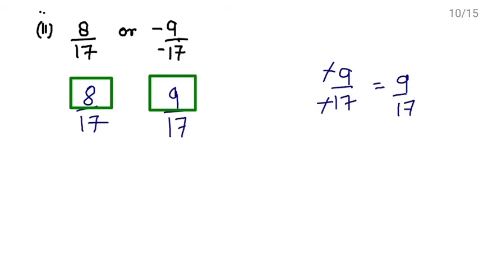Which one is smaller? 8 is smaller. So 8 upon 17 is smaller. Right? If denominators are same, no need to cross multiply, no need to take the LCM because denominator is already same. Just compare the numerator, and the numerator having smaller value is the smaller rational number.